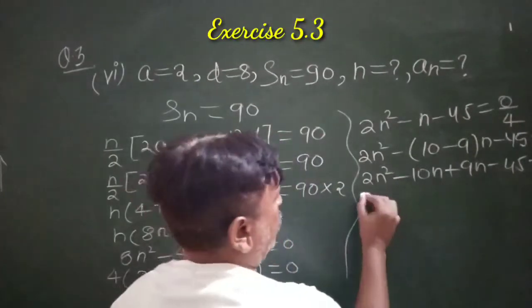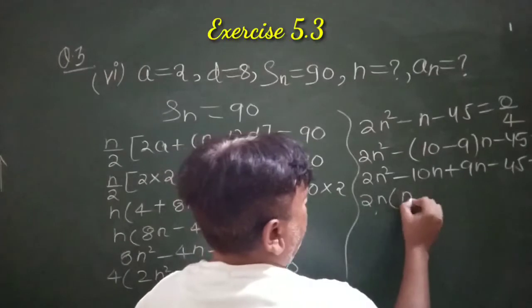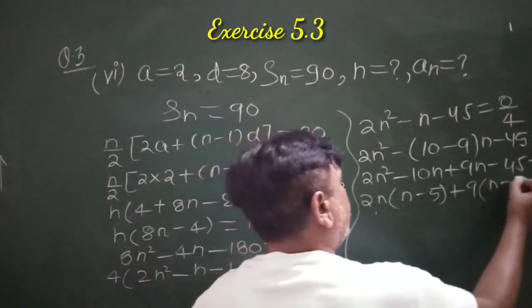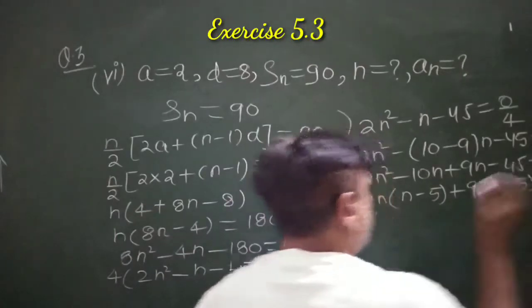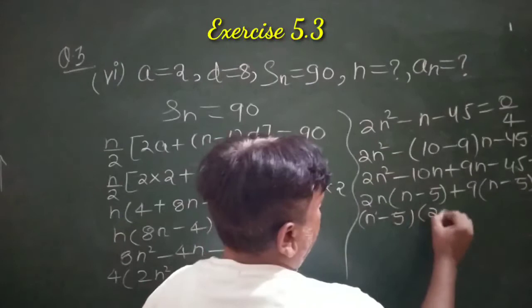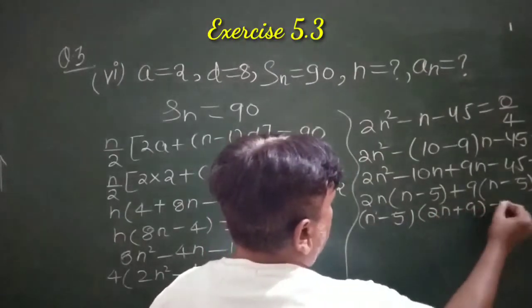Yes, 2n common from the first two terms with (n minus 5), and here also 9 with (n minus 5) equals 0. So we have (n minus 5)(2n plus 9) equals 0.